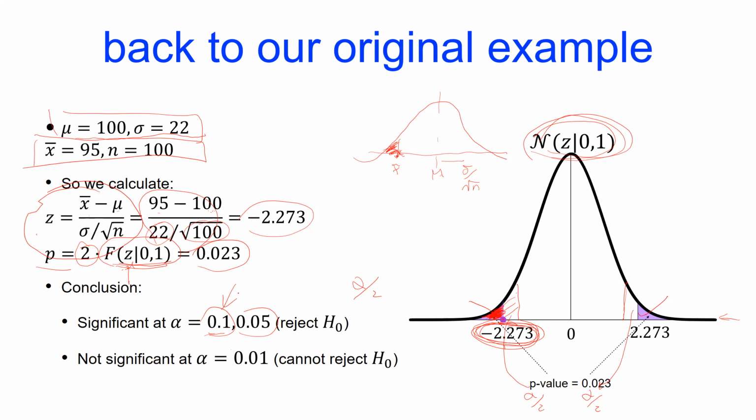So this will be 0.05 for this area. Since our p-value is 0.02, and we consider it also as a half of the p-value, or you can consider the total, that's fine. Basically our p-value falls into this rejection region, and then we say we can reject our null hypothesis.